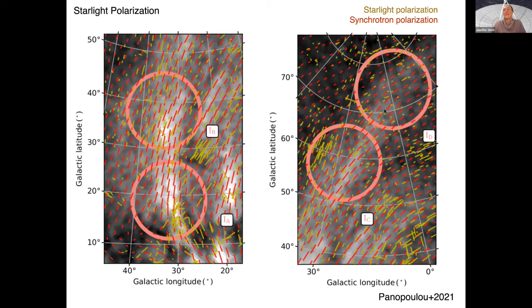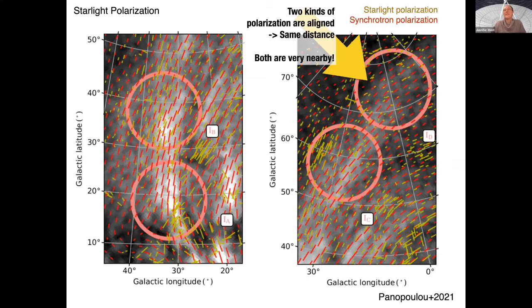And the thing to notice here is that in this part of the map, the yellow lines and the red lines kind of align with each other. And because they align with each other, we can say that the stuff that's emitting the red and the stuff that's emitting the yellow must be at the same distance.